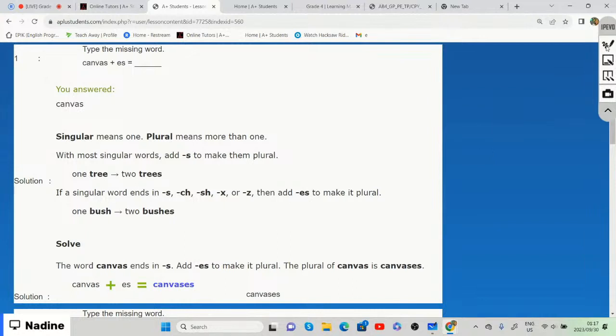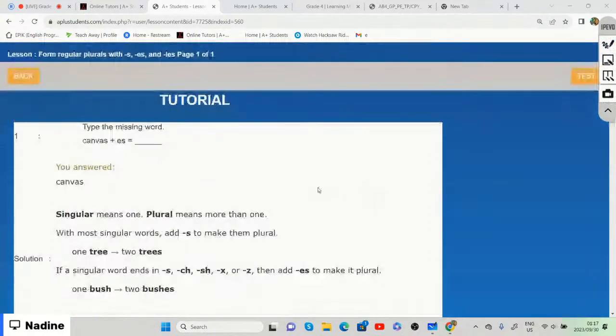All right. So now we're going to do a little activity. We need to type the missing word. Canvas plus es. We said that if a singular word ends in s, then we add an es to make it plural.